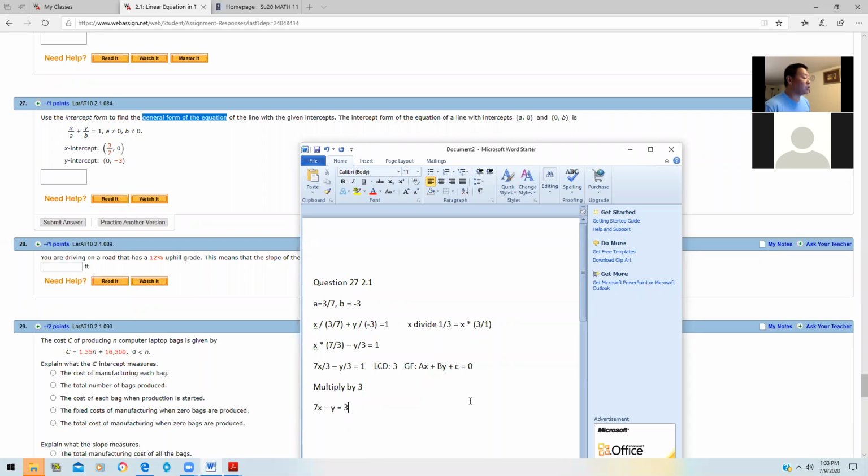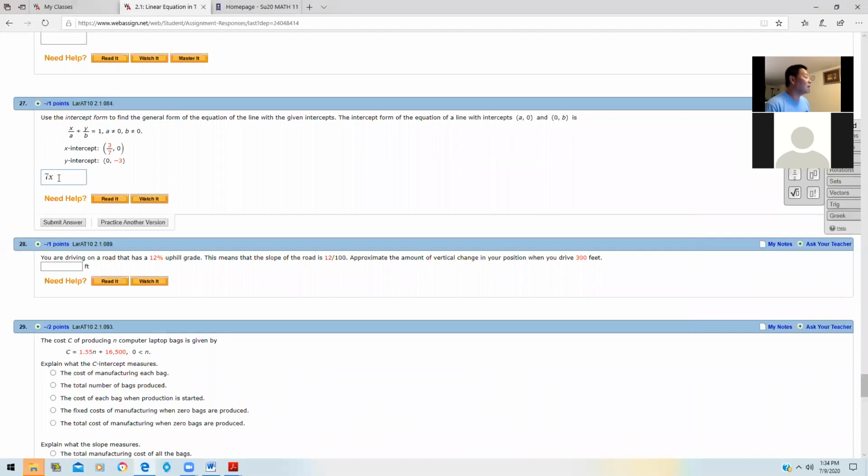This is not general form yet because general form must be equal to 0. So I move the 3 over. I will get 7x minus y minus 3 equals 0. So that is my answer in this case: 7x minus y minus 3 equals 0.